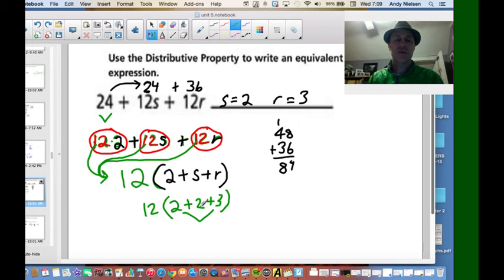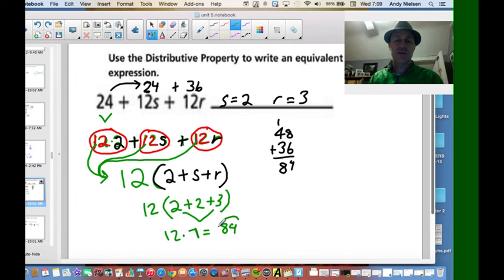So 2 plus 2 is 4. 4 plus 3 is 7. Sorry. Wow, I had a moment there where I couldn't figure out what it was. And now 12 times 7. Whew. Narrowly escaped that. And 12 times 7 is, in fact, 84 also.